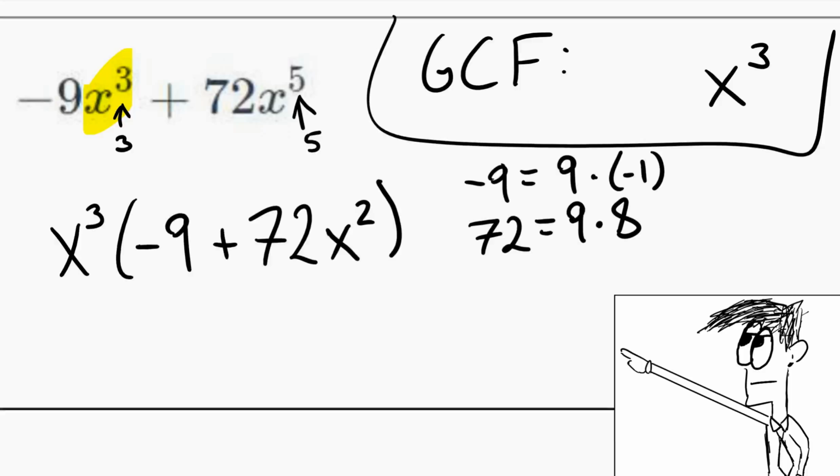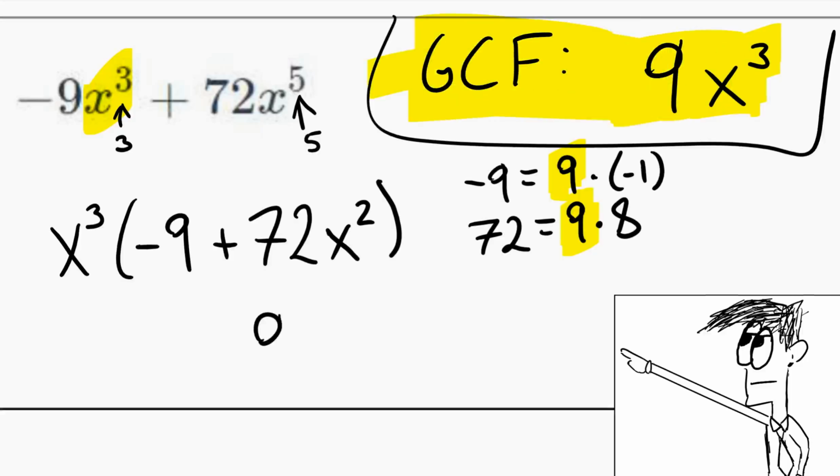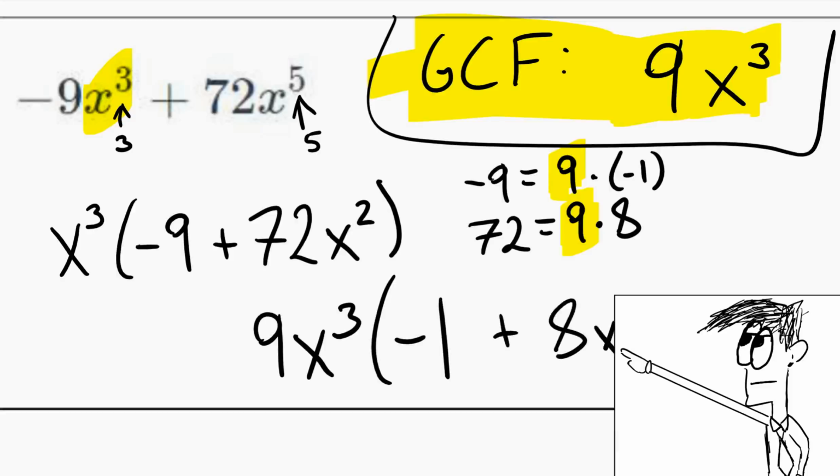So my GCF also includes a 9 as the other common term. So my GCF in total is 9x cubed. And if I pull all of that out, negative 9x cubed divided by 9x cubed is just negative 1. And then 72, x to the 5th, divided by 9x cubed is going to be plus 8x squared.